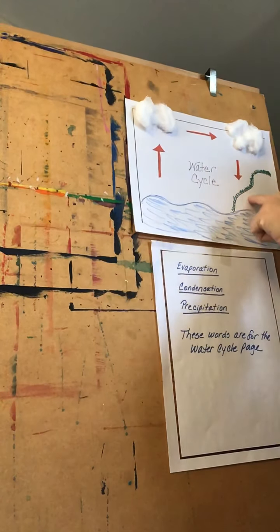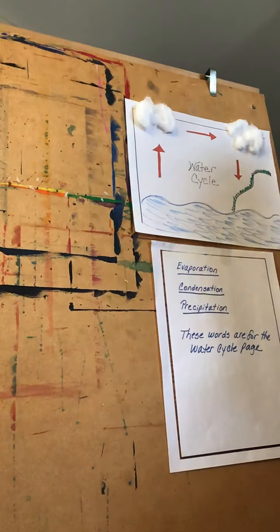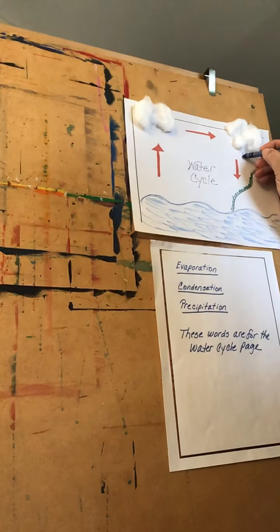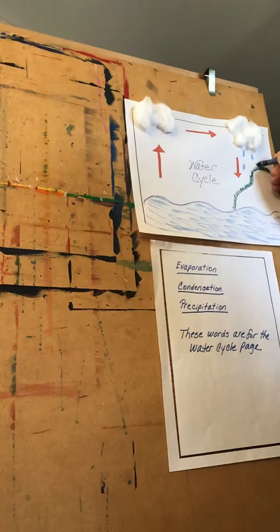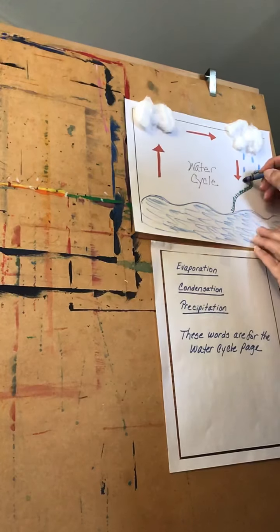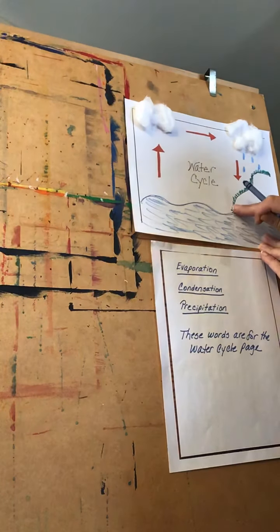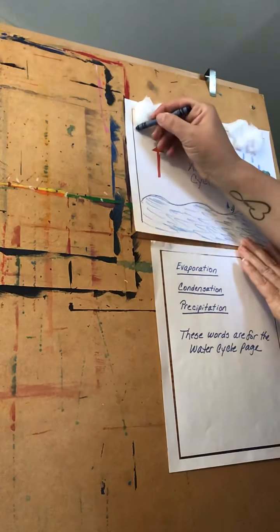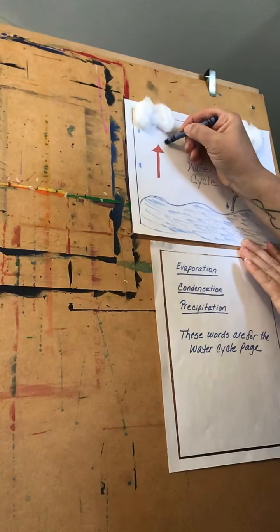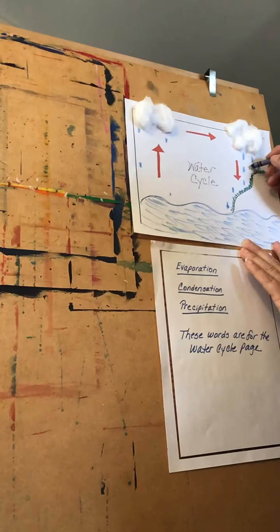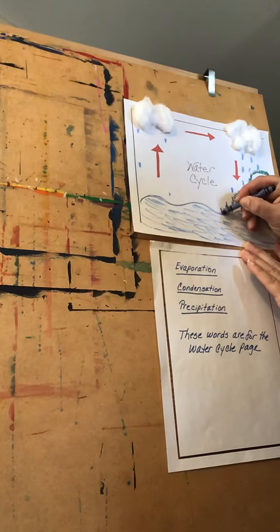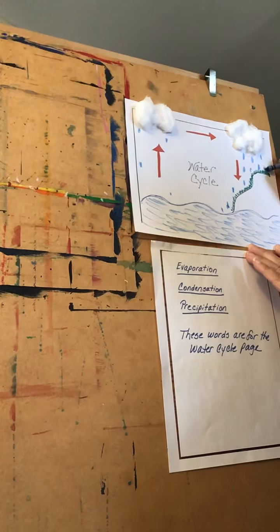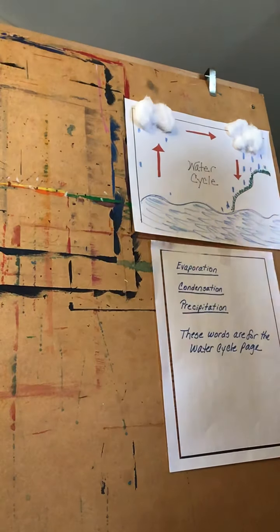What falls back down to the earth from the condensation? That's right, precipitation. So let's make a couple of raindrops going down into the land, and some going down just a little, going down into the water. And that is precipitation. How easy is that?